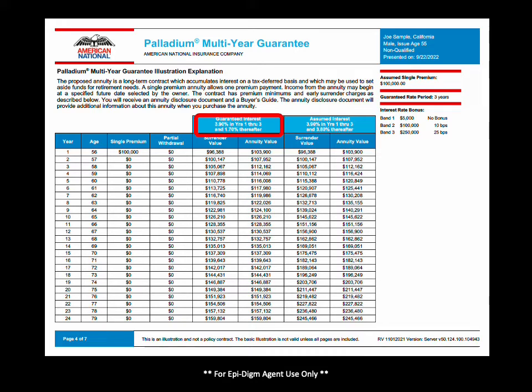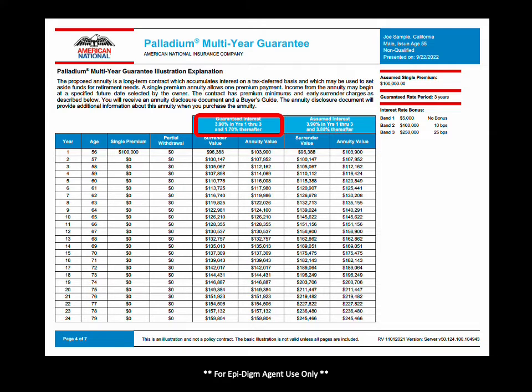So for years 1, 2, and 3, you get a 3.9% guarantee no matter what. It is guaranteed by contract. And after the third year, you get a 1.7% guarantee. That 1.7% is not going to be the fixed number. It means the minimum interest rate after 3 years is 1.7%.